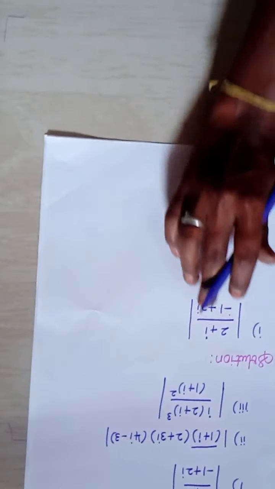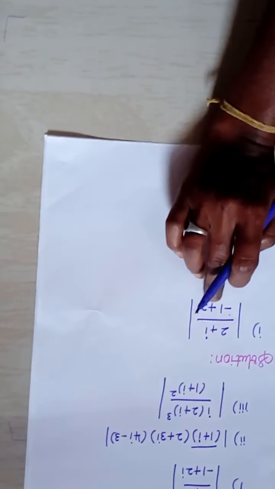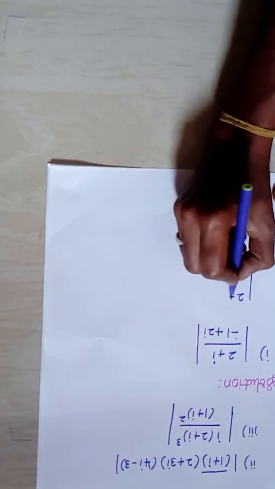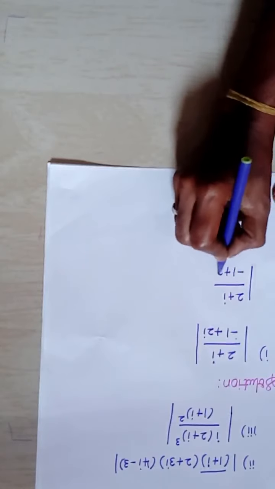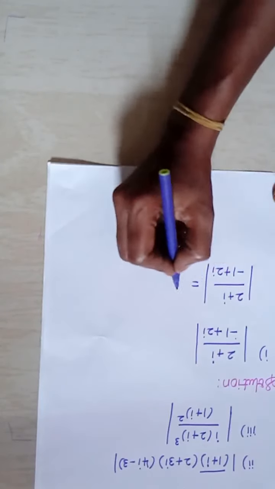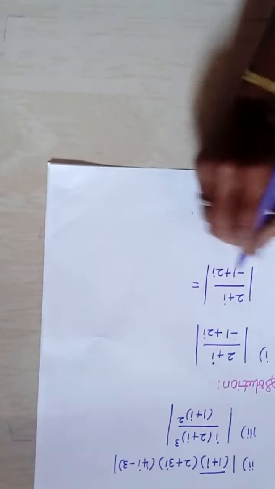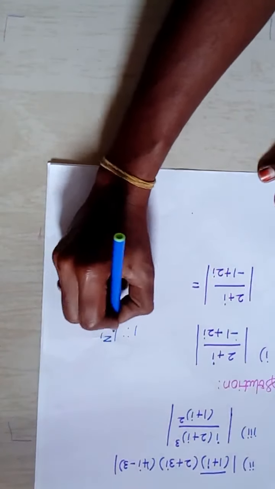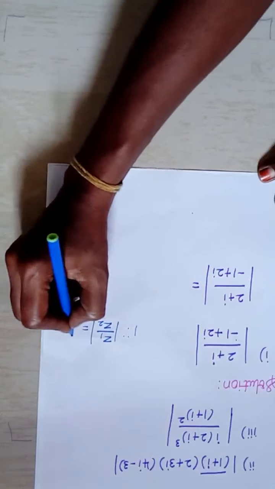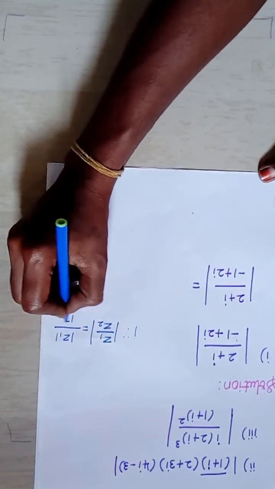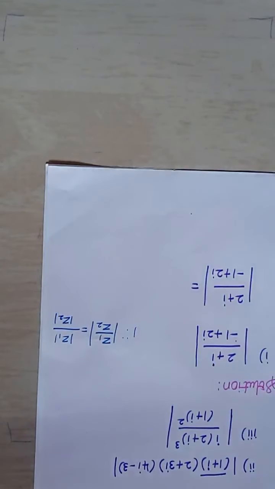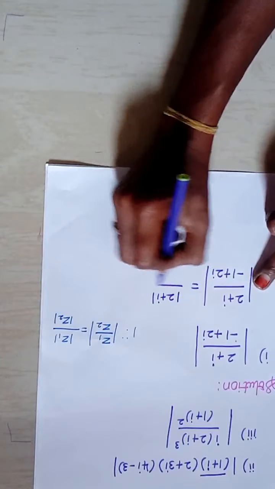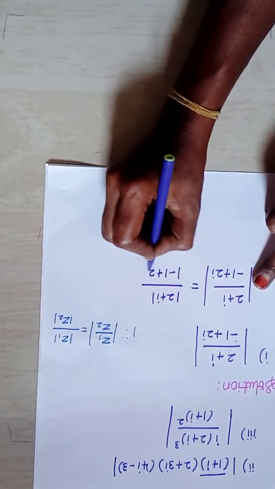Write it as separate moduli because we know the property: modulus of z1 by z2 can be written as modulus z1 divided by modulus z2. Now write it here: modulus of (2 plus i) divided by modulus of (minus 1 plus 2i).